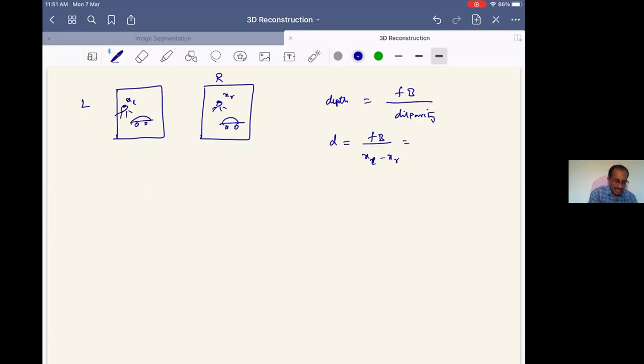Because based on the depth, the difference between XL and XR differs, there will be some disparity, and that disparity will help us find out the depth information.